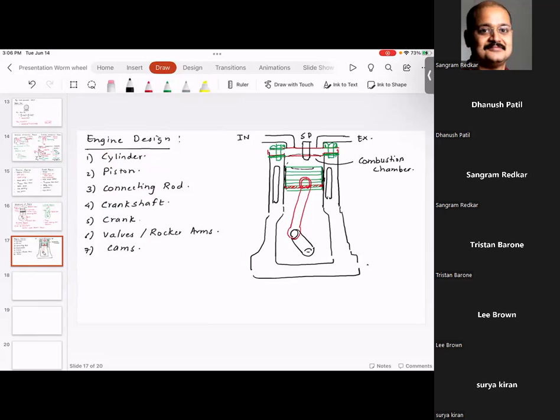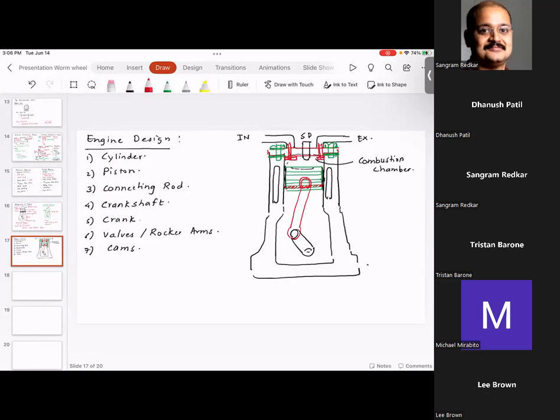It totally depends upon the compression ratio, the design of intake and exhaust, and then you will have some valves. And these valves will have cams and tappets, and that will actually open and close the valves.